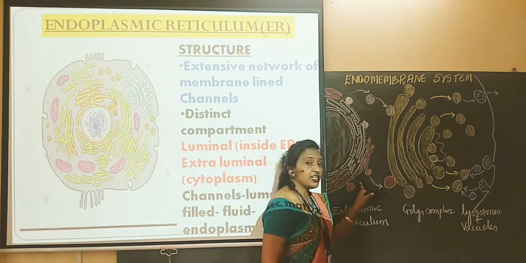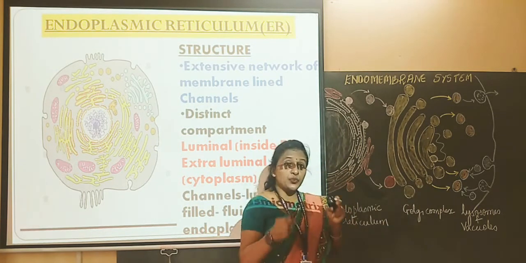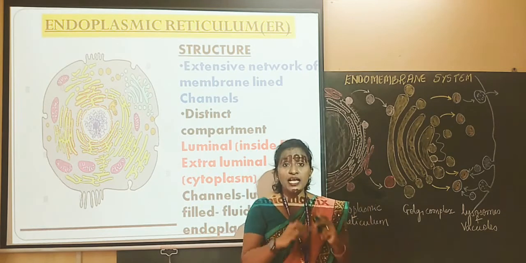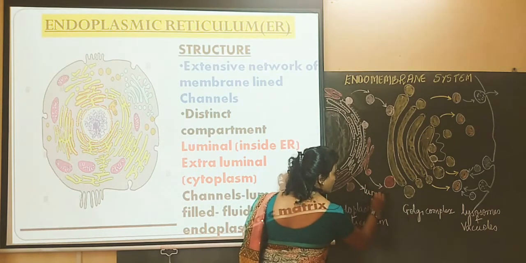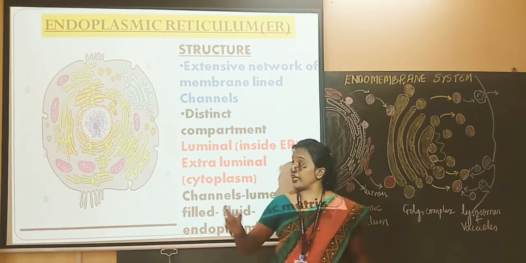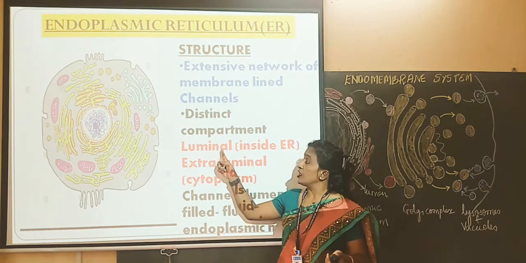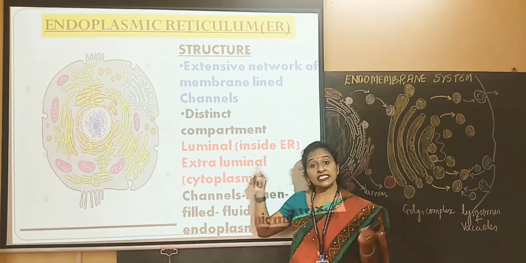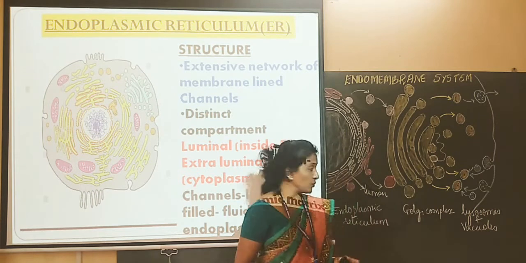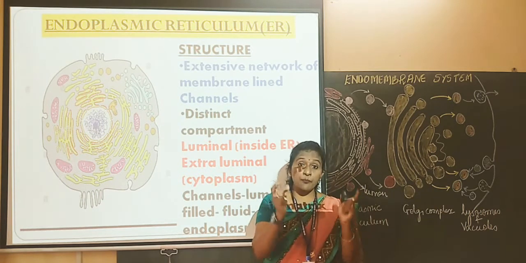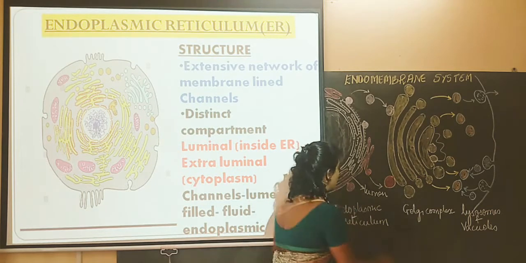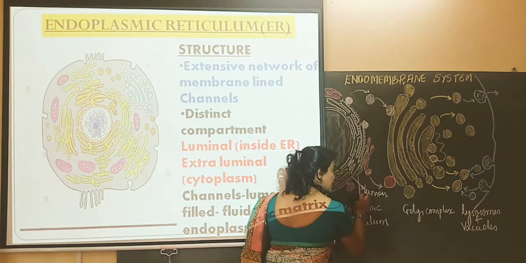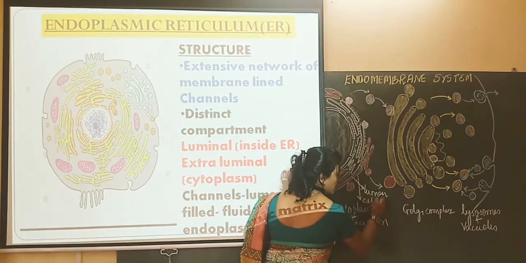The part present inside the endoplasmic reticulum is called the lumen, therefore that compartment is called luminal, whereas the part present outside the endoplasmic reticulum is called extraluminal.